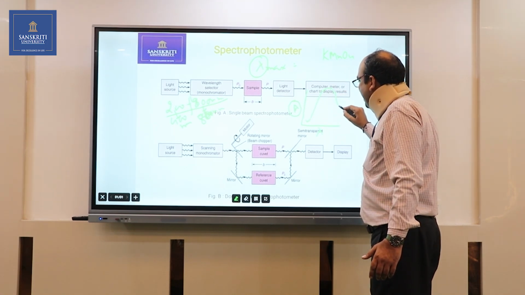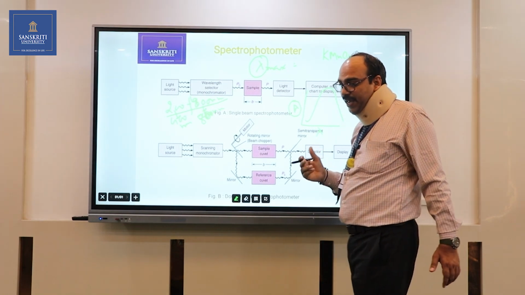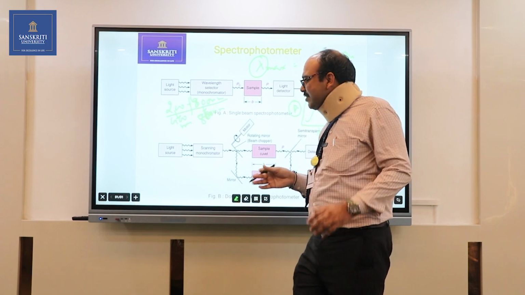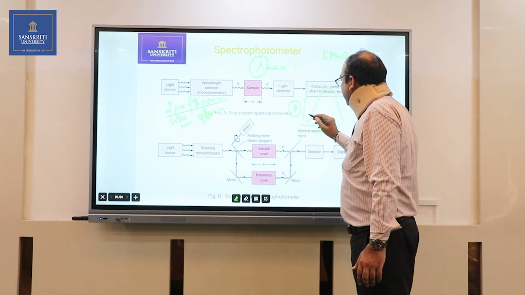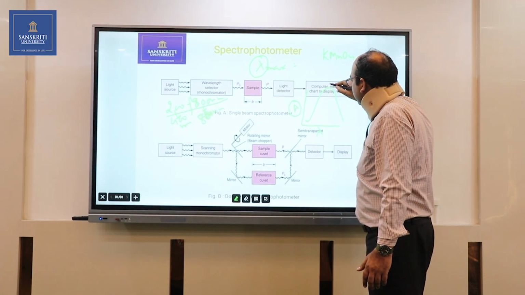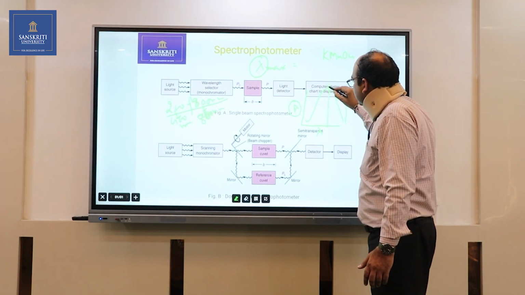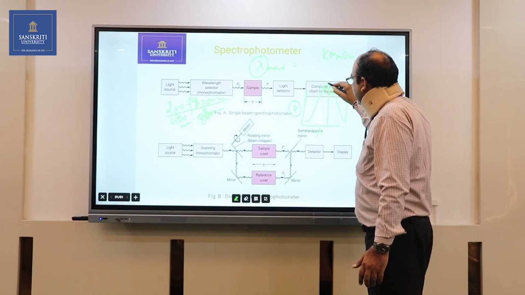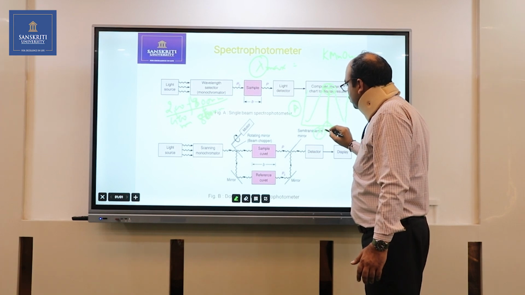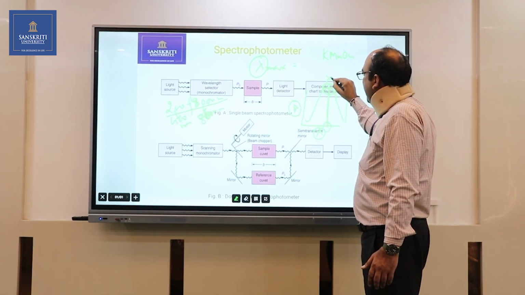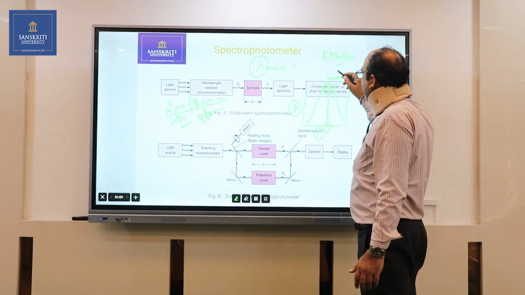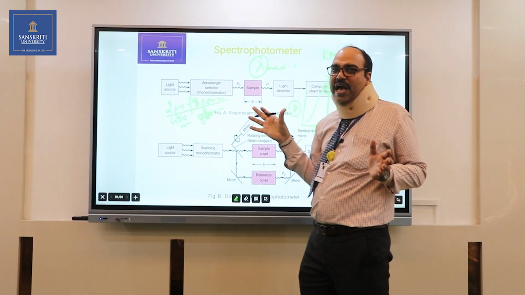Absorption increases as the wavelength increases, then becomes constant and then decreases. There is maximum absorption in this region, so we can easily find out the lambda. Lambda means wavelength, and that is called the maximum wavelength of the material, here KMnO4. So you can know what wavelength we need.